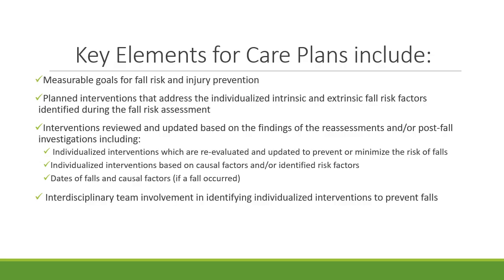Key elements for care plan include measurable goals for fall risk and injury prevention, planned interventions that address the individualized intrinsic and extrinsic fall risk factors identified during the fall risk assessment, interventions reviewed and updated based on the findings of the reassessments and/or the post-fall investigation, including individualized interventions which are reevaluated and updated to prevent or minimize the risk of falls, individualized interventions based on causal factors and/or identified risk factors, dates of falls and causal factors, if a fall occurred, and interdisciplinary team involvement in identifying individualized interventions to prevent falls.